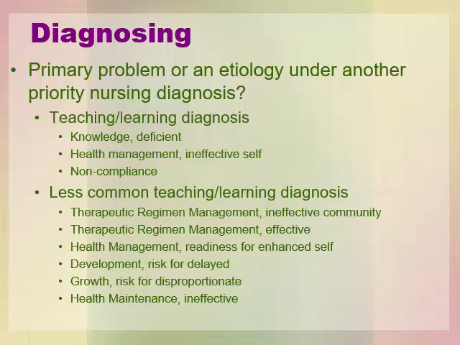Some less common but equally appropriate teaching and learning diagnoses are therapeutic regimen management, ineffective community, also ineffective family can be used here, therapeutic regimen management effective, health management readiness for self, development risk for delayed, growth risk for disproportionate, and health maintenance ineffective or health maintenance impaired.